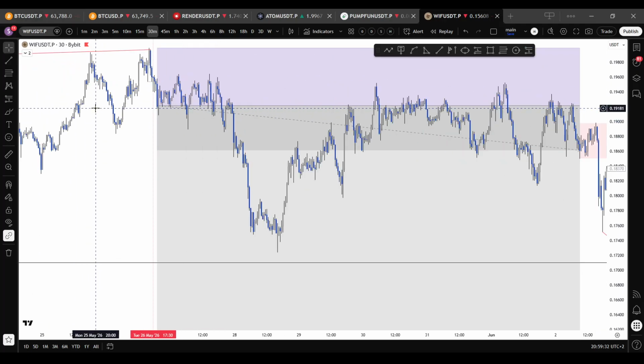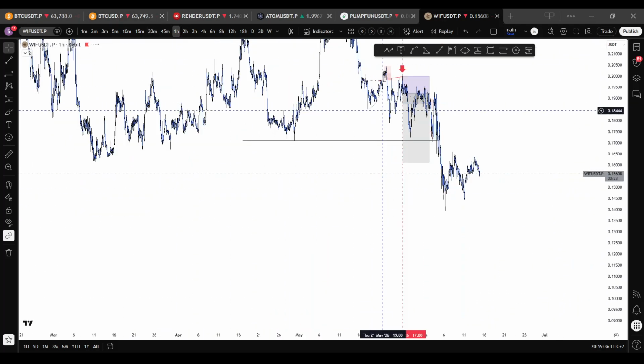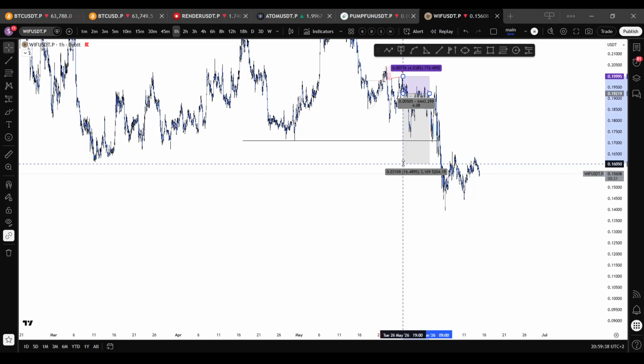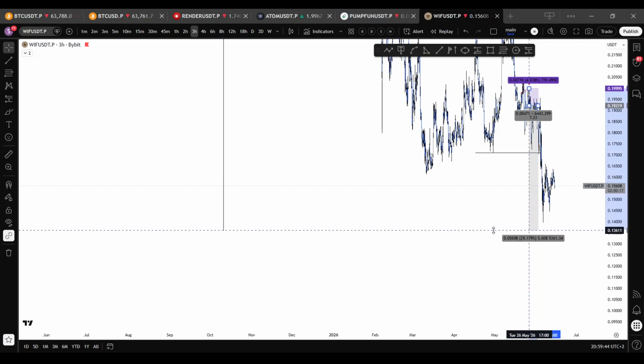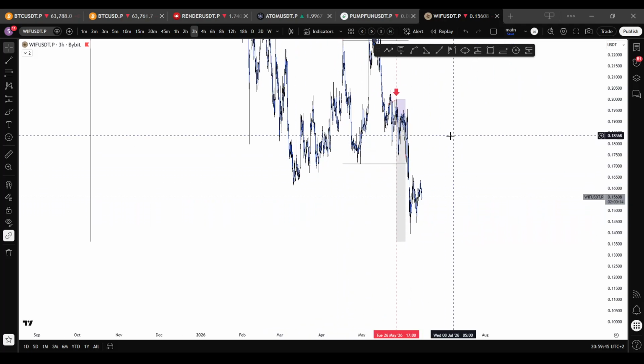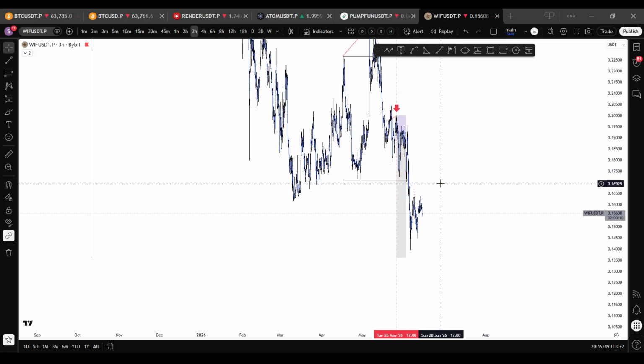I already marked it out perfectly, and you just target the low. Target the low for easy, and you can even hold down to this wick, which is what I would personally do if I was in this trade.